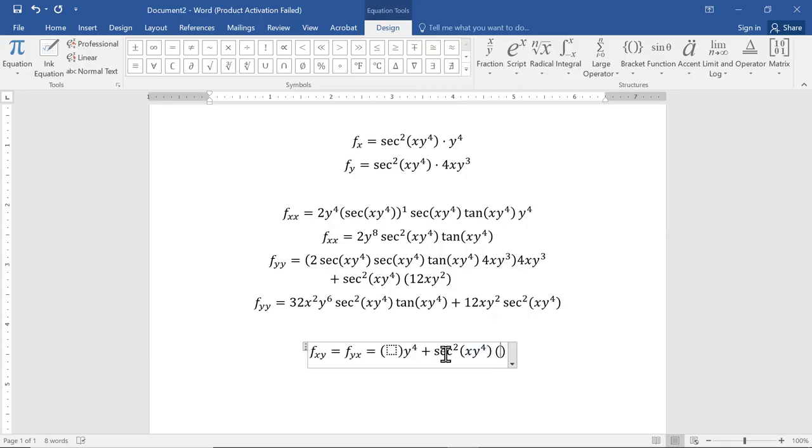Derivative of the second component here with respect to y is 4y to the third. Again, I'm taking the derivative of this one with respect to y.